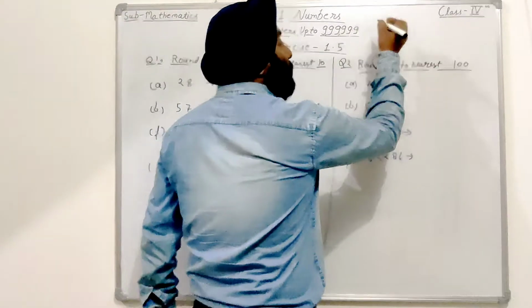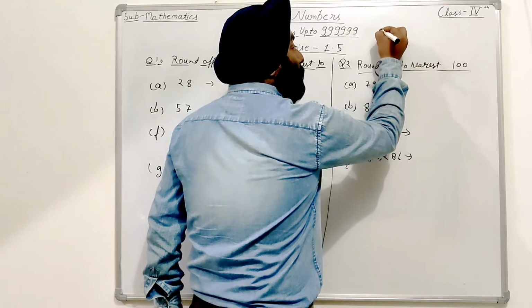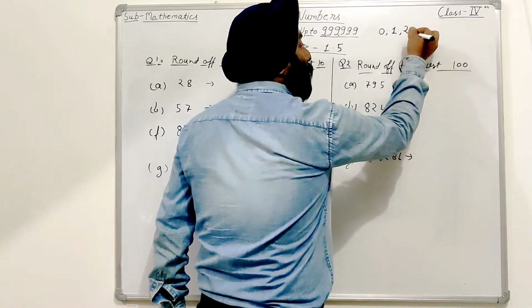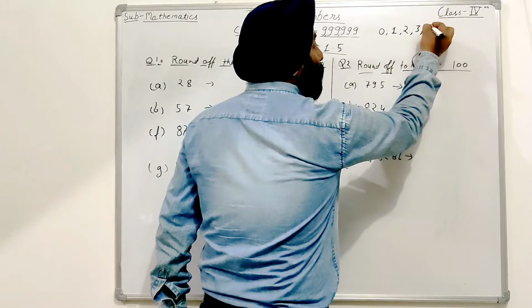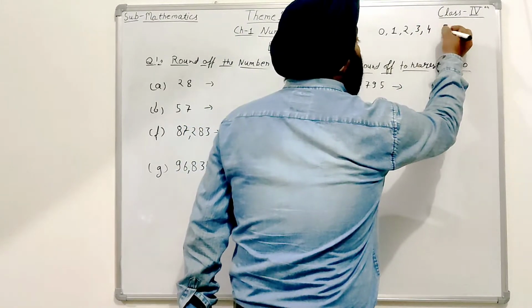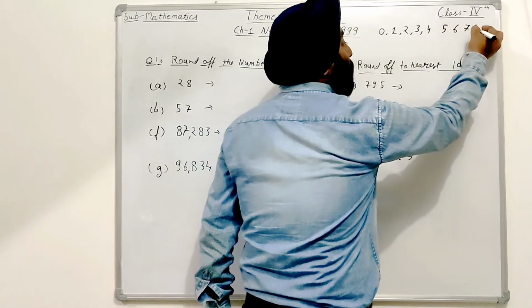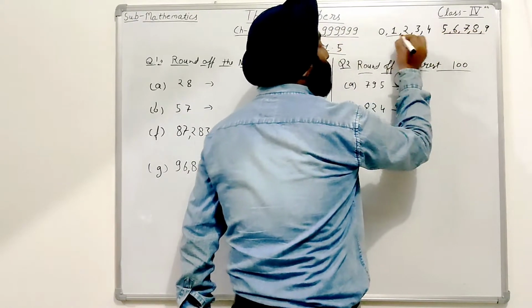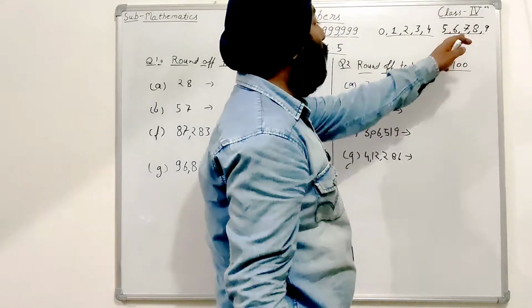Rounding off means, like, the numbers 0, 1, 2, 3, 4, 5, 6, 7, 8 and 9. We know that we have 10 total numbers.